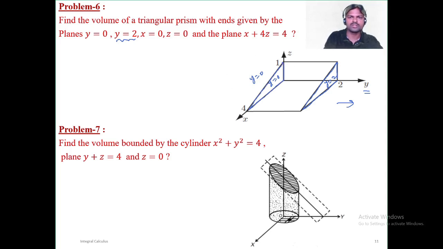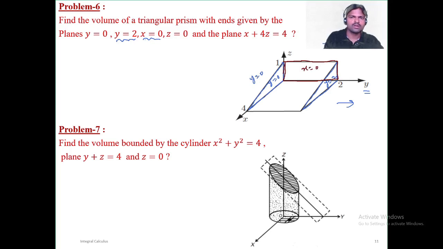So y varies from 0 to 2. Next, x is 0. X is 0 means what? The YZ plane. So this is x is equal to 0.